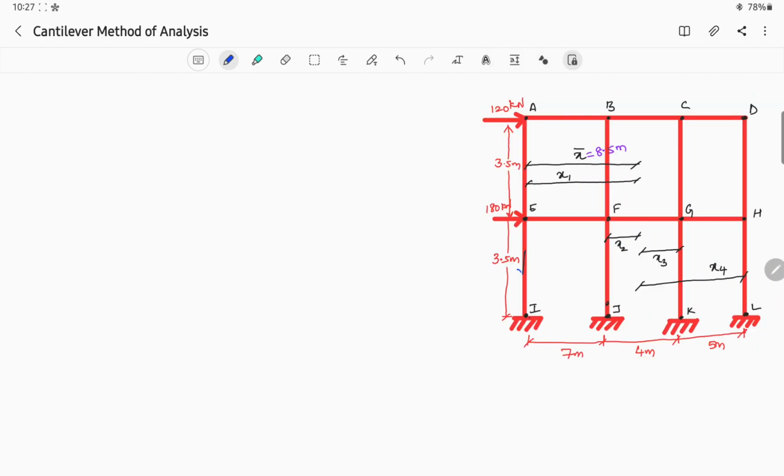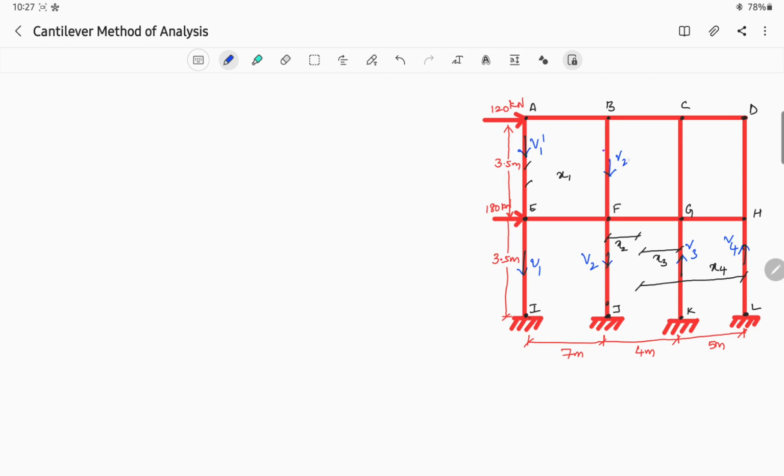So this was V1, V2, V3 and V4, and here the direction of the force will be the same, but this should be V1 dash, this should be V2 dash. Let us remove this one since we have calculated already.